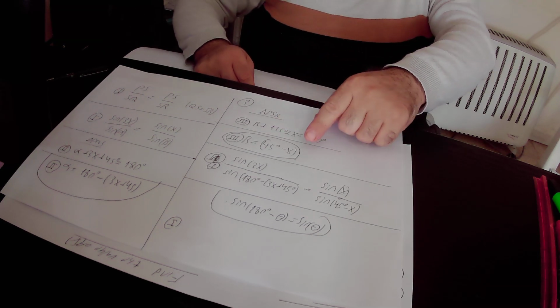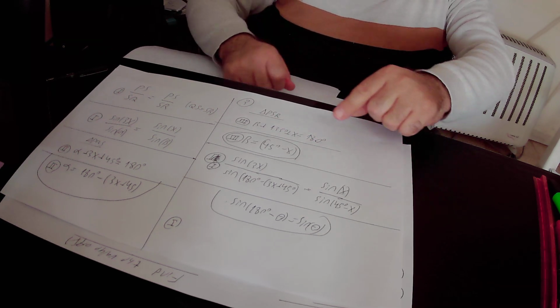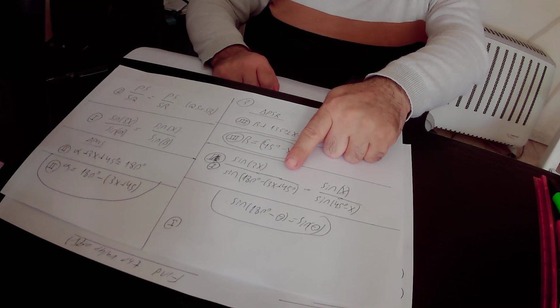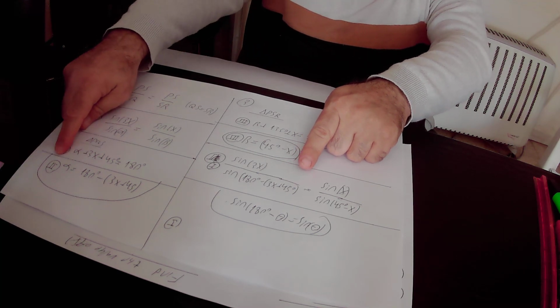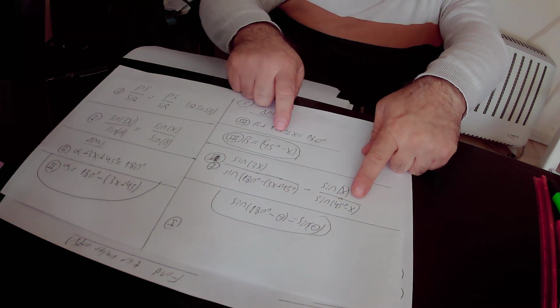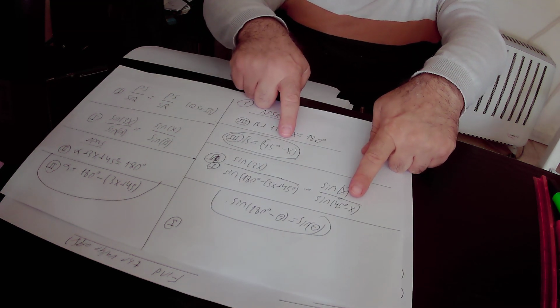So we did it, and we got that sine 3x over sine alpha, and alpha equals 180 degrees minus (3x plus 45 degrees) according to equation number 2, equals sine x over sine beta, and beta equals 45 degrees minus x according to equation number 3.